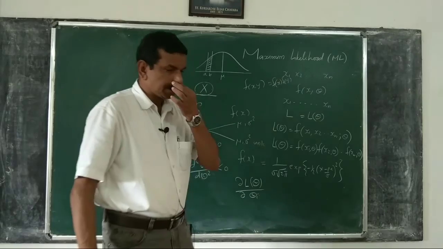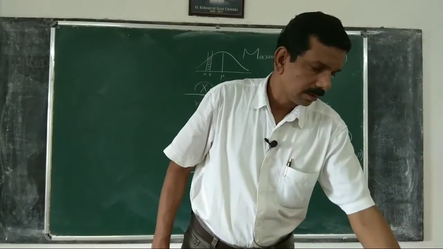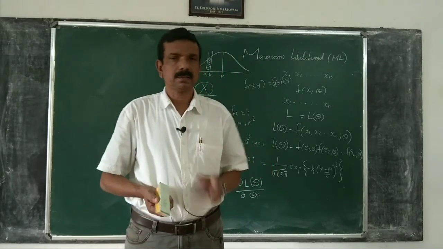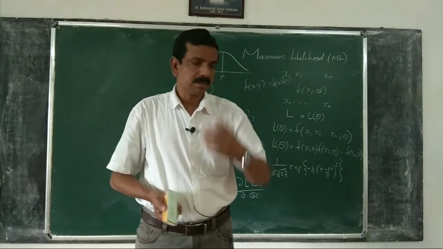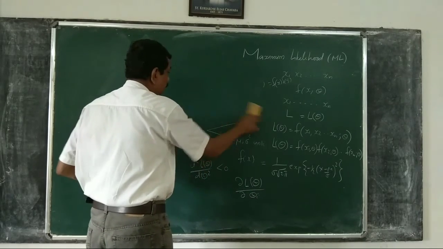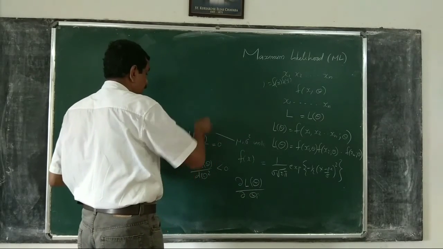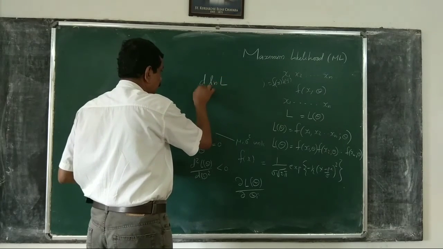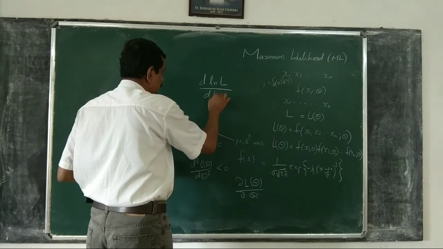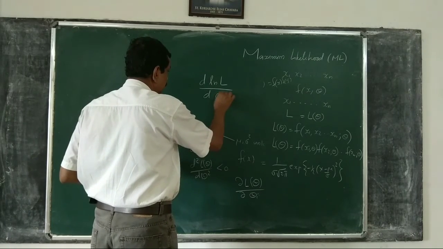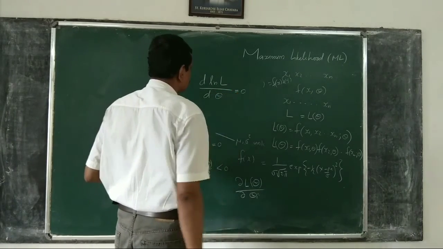But remember this, maximizing the likelihood function is comparatively difficult. So in practice, what we do is we maximize the log of the likelihood function, that is d ln L by d theta equated to 0.